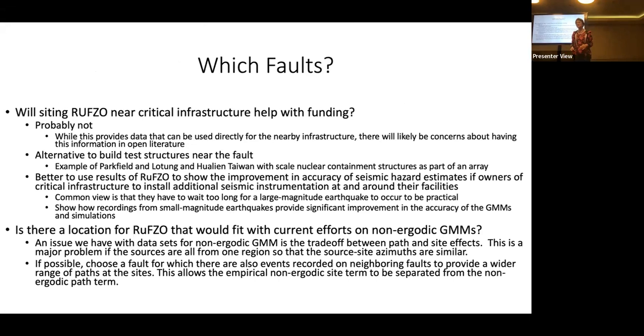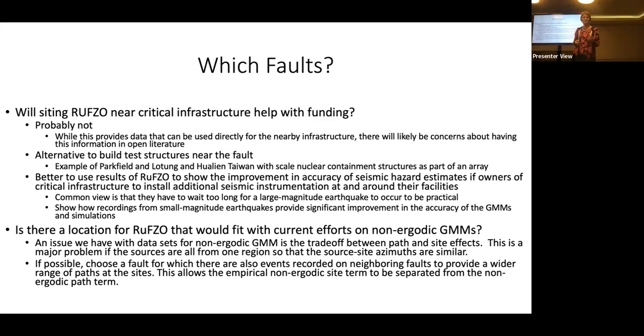Which faults? That's something we're going to talk about a lot in the discussion. The best answer, of course, is all of them. But if we can't do all of them, one of the questions that I asked Norm was from a practical viewpoint.